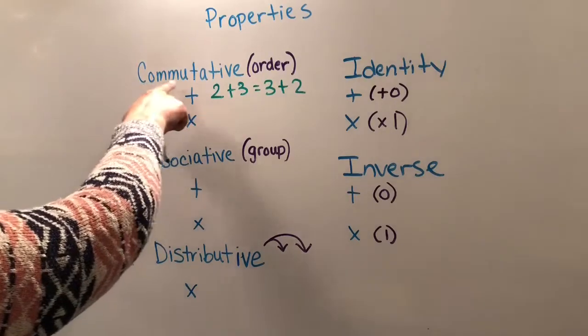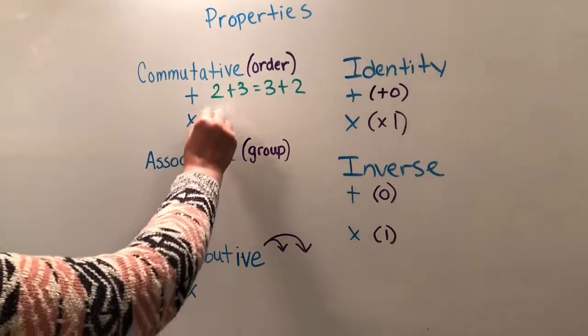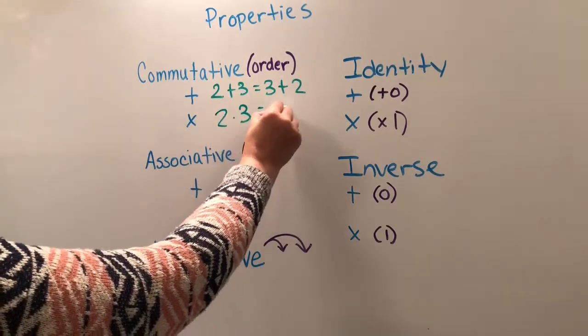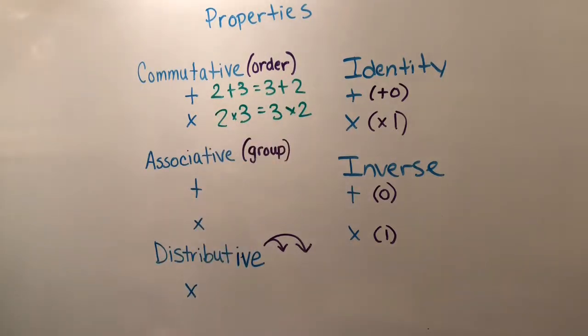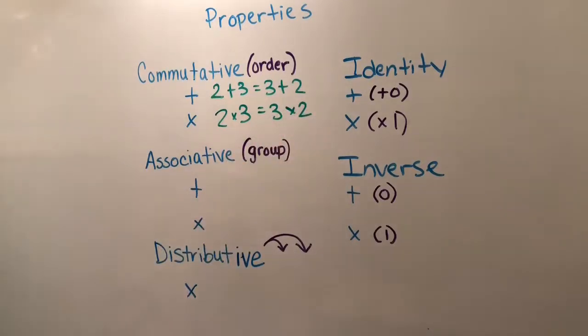That is for commutative. Similarly, in multiplication, 2 times 3 is the same as 3 times 2. And that did not change the value. 2 times 3 is 6 and 3 times 2 is 6. So, same thing. The order of the numbers that you multiply in does not change the value.